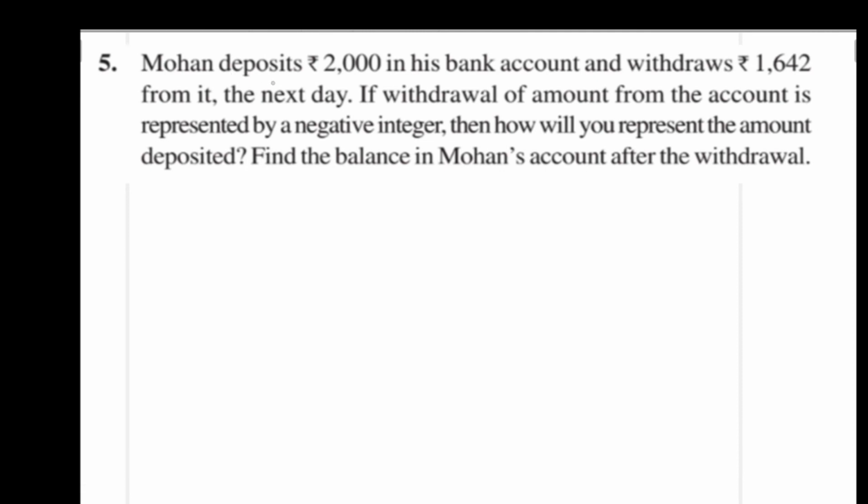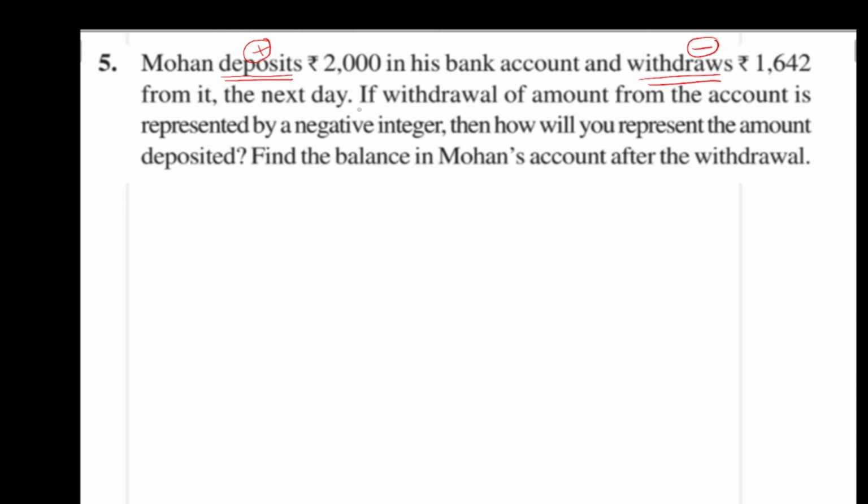Mohan deposits. The deposit word meaning is that deposits means you have to invest money either in the bank or someone, and withdraw means you have to take it out. So deposits we are considering as positive and withdraw we are considering as negative. Okay.